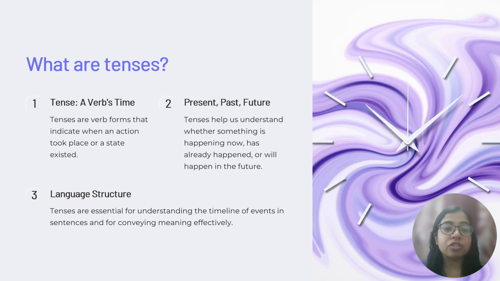Then language structure. Tenses are essential for understanding the timeline of events in sentences and for conveying meaning effectively. If our tenses are correct in a sentence, then of course the understanding and comprehension of the sentence will be clear. It will be clear when the action is taking place.